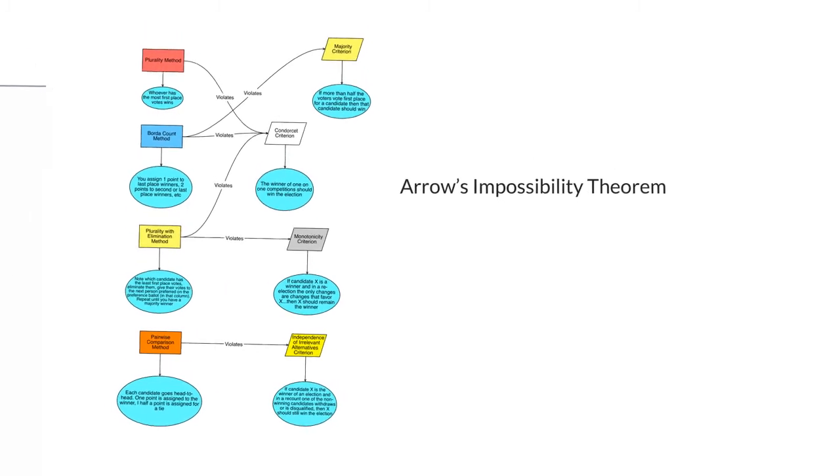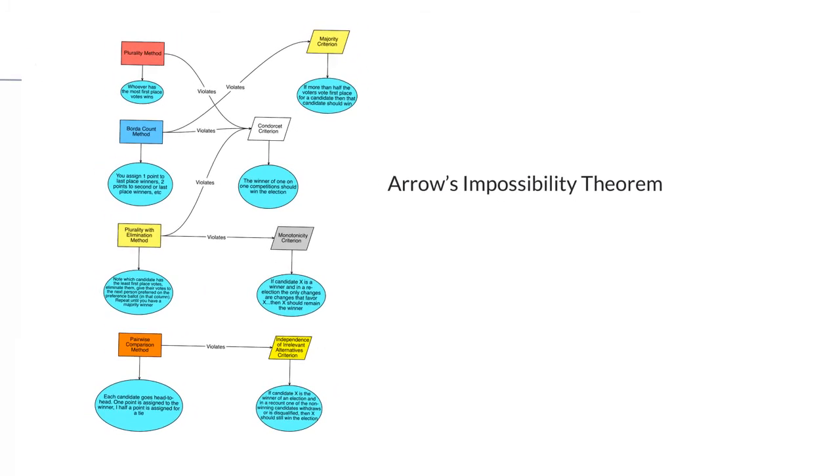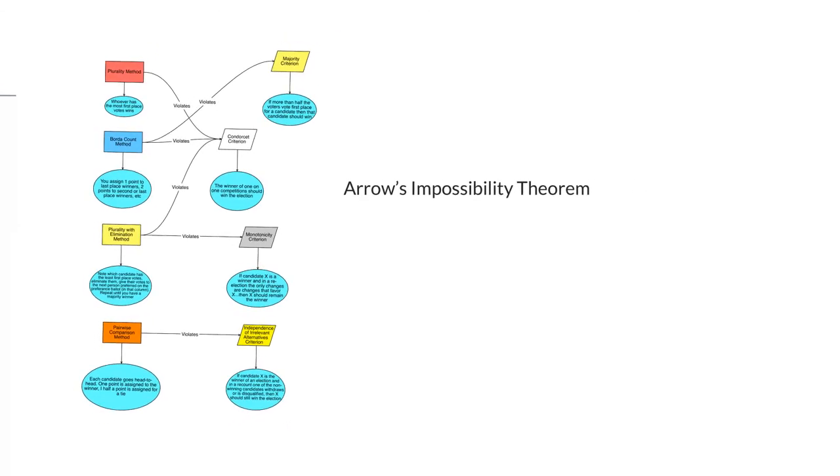So that is an interesting fact about the mathematics of voting, that it's ultimately futile to attempt to discover a voting method that doesn't violate at least one of these. The proof of which is beyond the scope of this video, but it's important to know that.